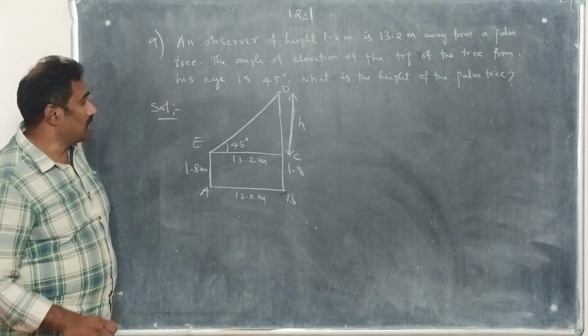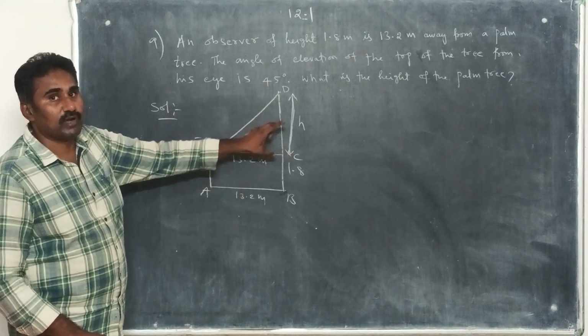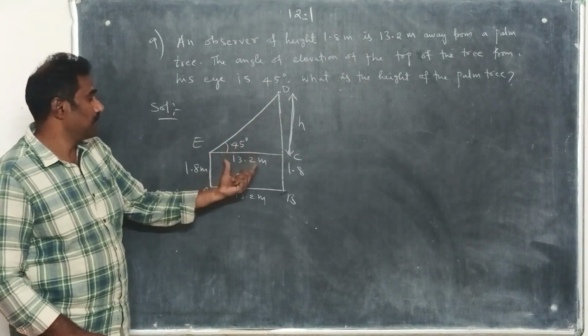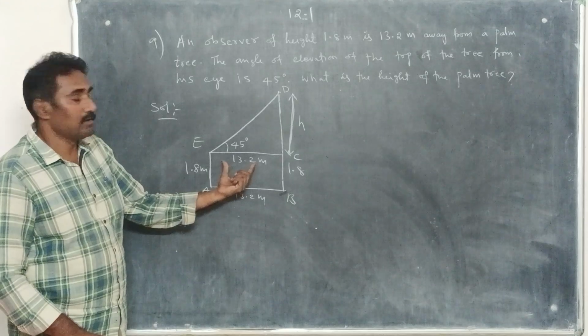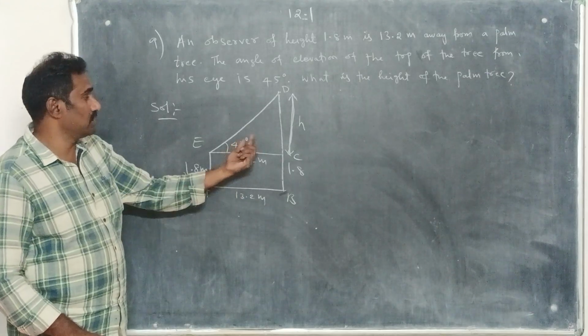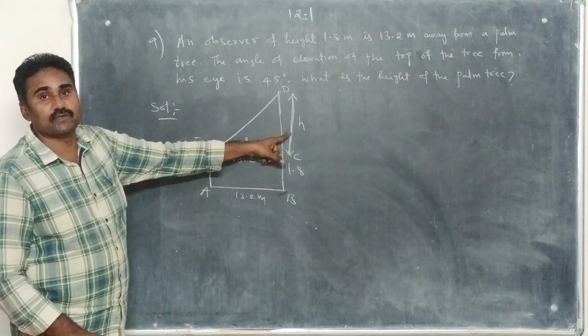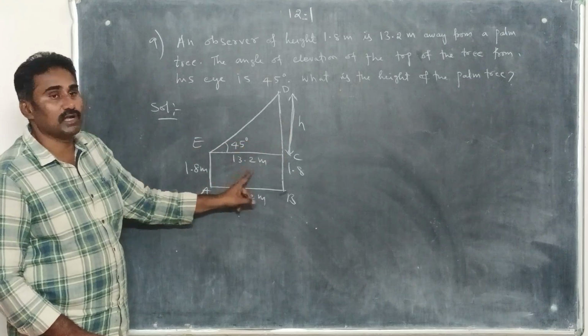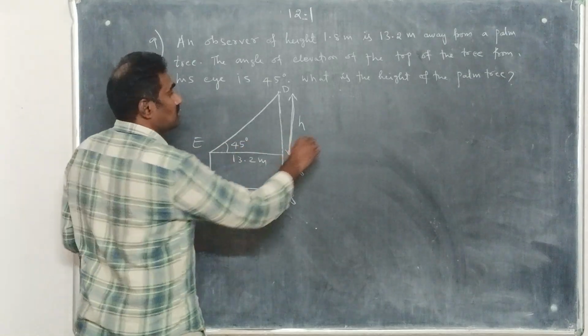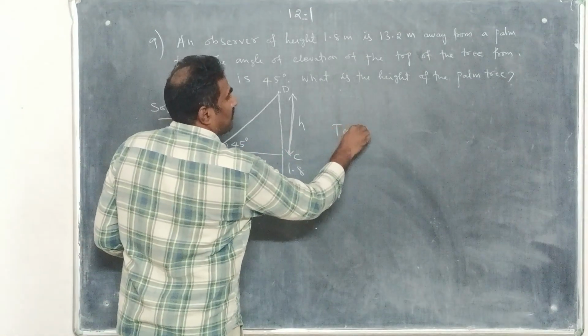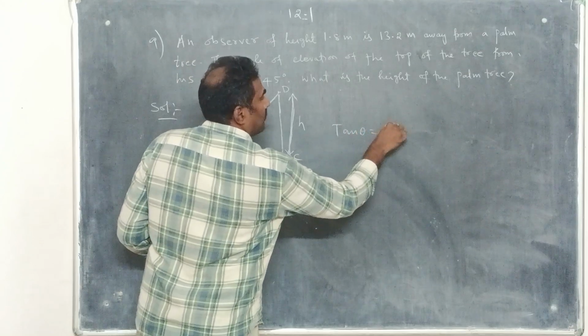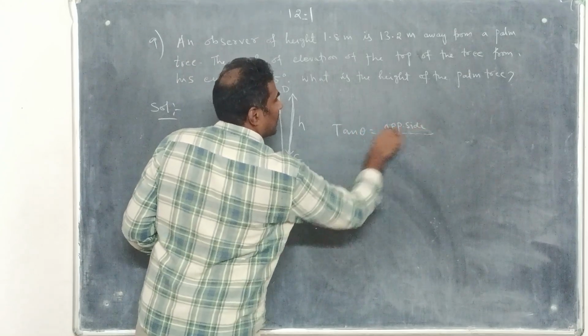Right. We already discussed that to find this, one is what is required, and the other is what is given. So these two ratios you have to take here for 45 degrees. This is the opposite side, this is the adjacent side. So opposite by adjacent is what? You have to write tan theta. So tan theta is equal to opposite side by adjacent side.